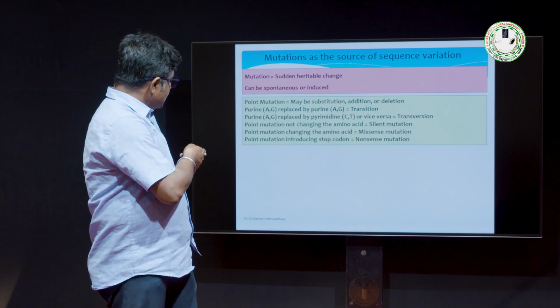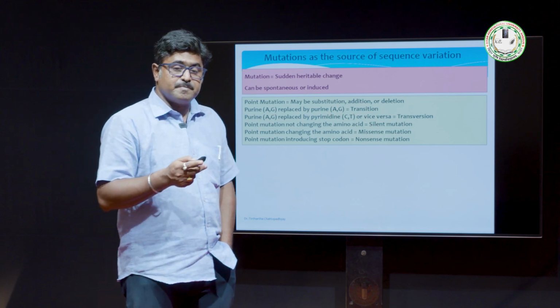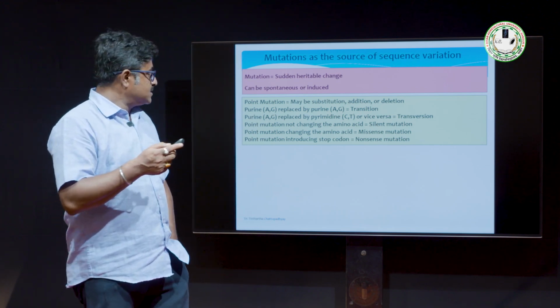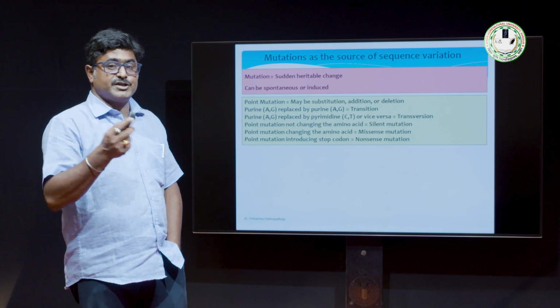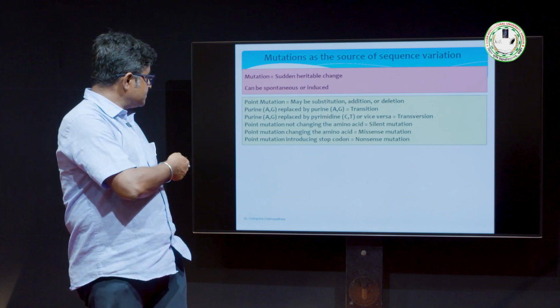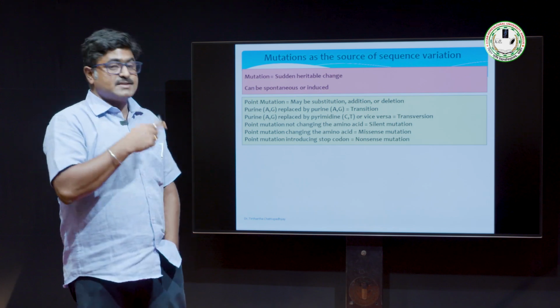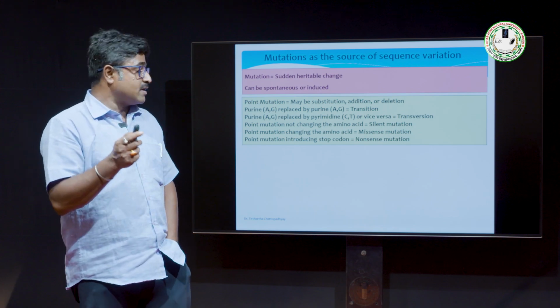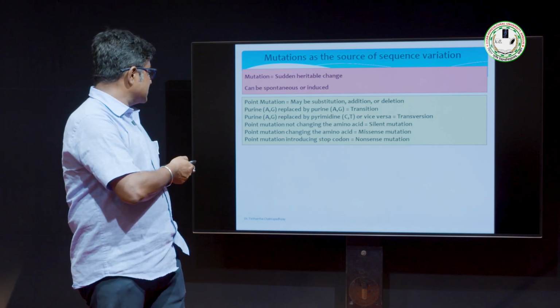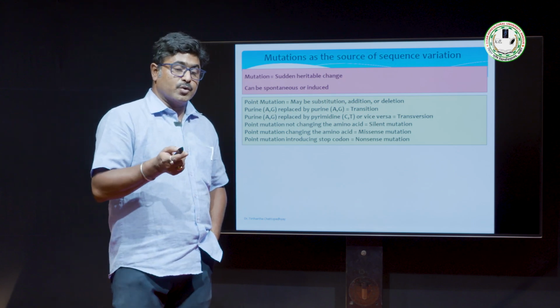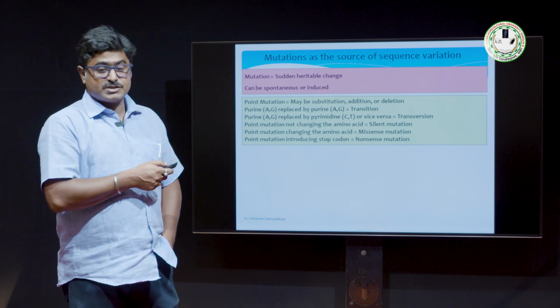Now, a point mutation not changing the amino acid: if some point mutation has taken place, but the corresponding codon is coding for the same amino acid, there is no change at the amino acid level, then we call this mutation a silent mutation. If a point mutation changes the amino acid, the sense of the amino acid is changed, so we call it a missense mutation. And if a point mutation introduces a stop codon, then we call this mutation a nonsense mutation.